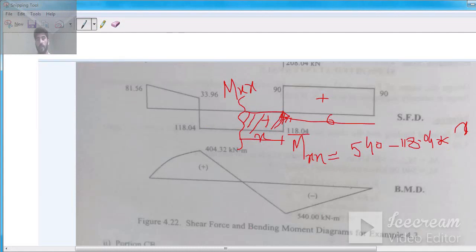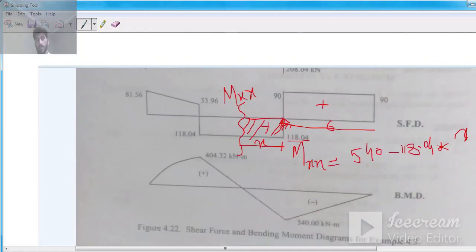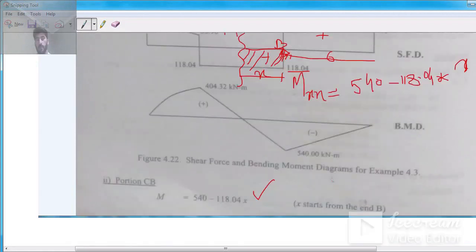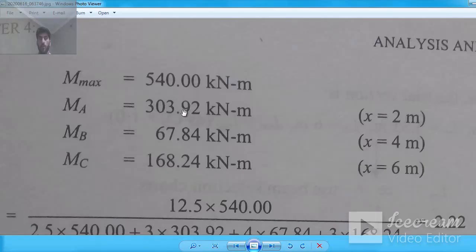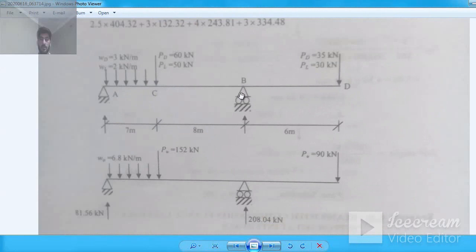Okay, this x starts from B, remember x starts from this B point, not from that free end. Clear? And the maximum value of the moment will be MA, and then we have to consider MA and B. Remember, your values will be right there, 2 meters. Now you know the span length of this CB section is 8 meters.